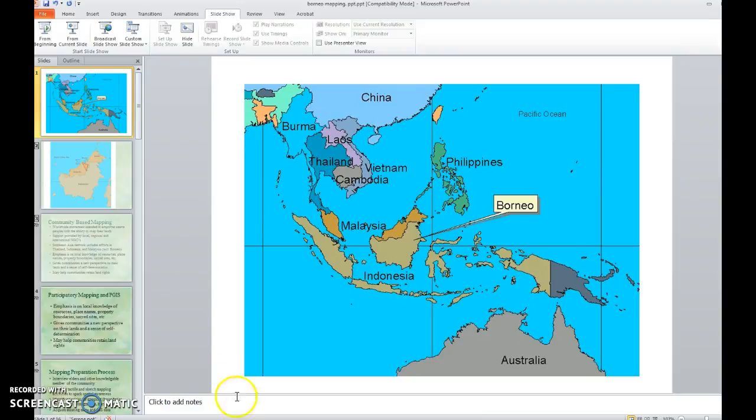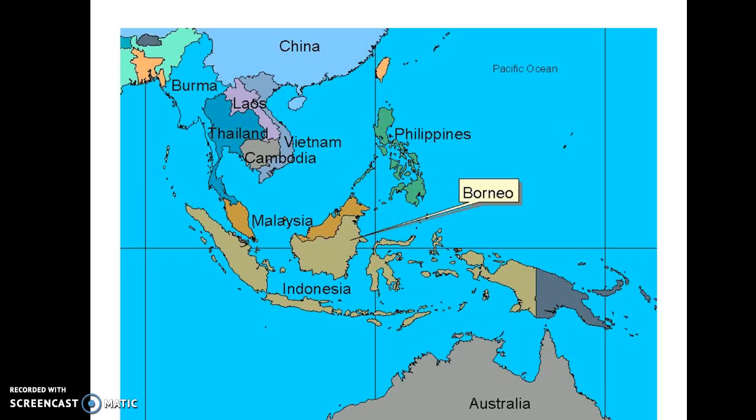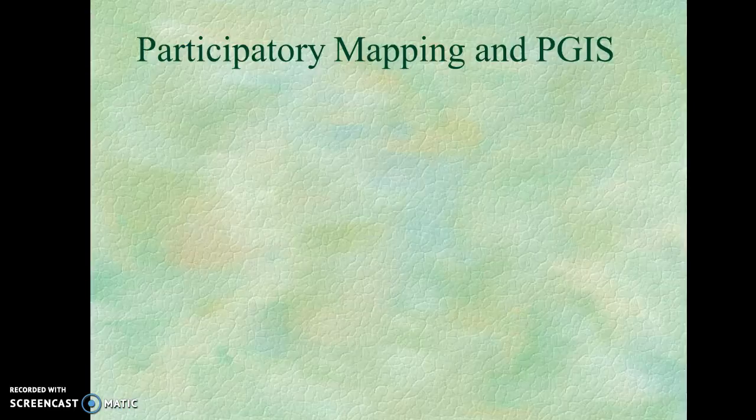Now, an important element of what we're looking at here is the use of GIS for social justice purposes. And so we're going to be interested in looking at one example, which is participatory mapping and participatory GIS, or PGIS.